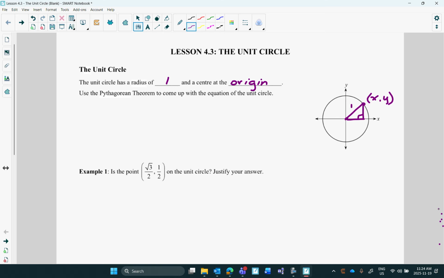Because this is the point x, y, this length has to be x. Like if this was the point 4, 3, this would have to be 4, because I count 4 across. And this vertical side is whatever the y value is.